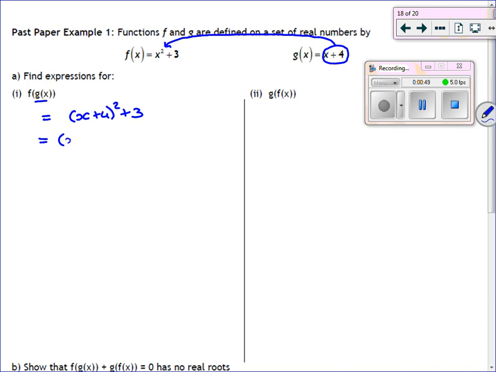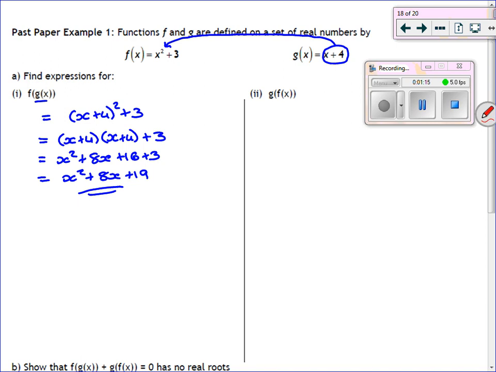That gives me (x plus 4)(x plus 4) plus 3. Expanding, we get x squared plus 8x plus 16 plus 3, which gives me x squared plus 8x plus 19.